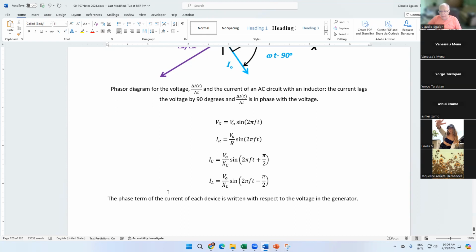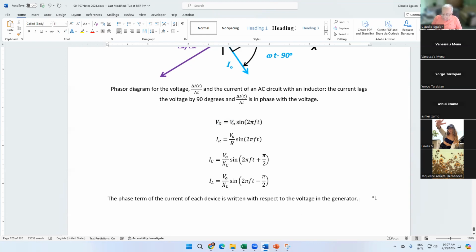It doesn't mean that this current here is gonna lag this one by 90 degrees, by 180 degrees. No, no, no. It means that this current lags the voltage in the generator by 90 degrees. This current leads the voltage in the generator.